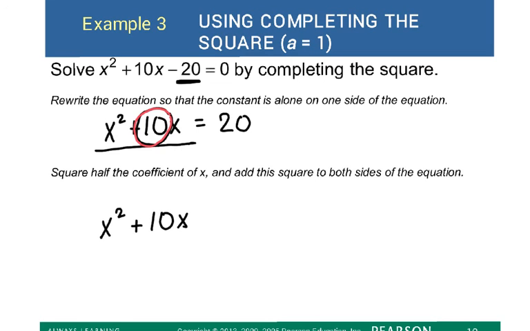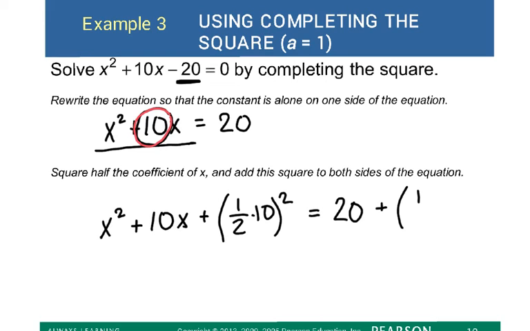So again, I'm going to write that step out. I'm going to take half of 10 and square it. I'm going to add it to this side, and what you add to one side, you must add to the other. Like I said, that whole thing right here ends up being 25.